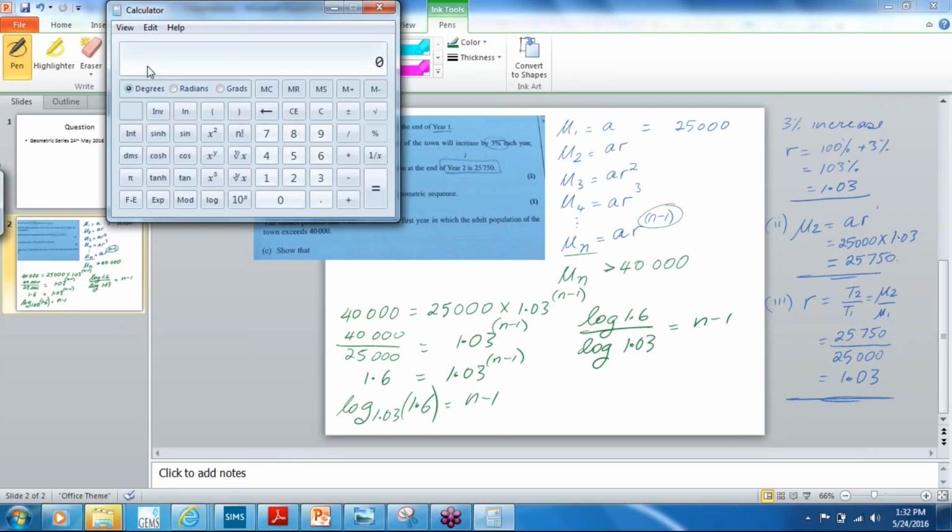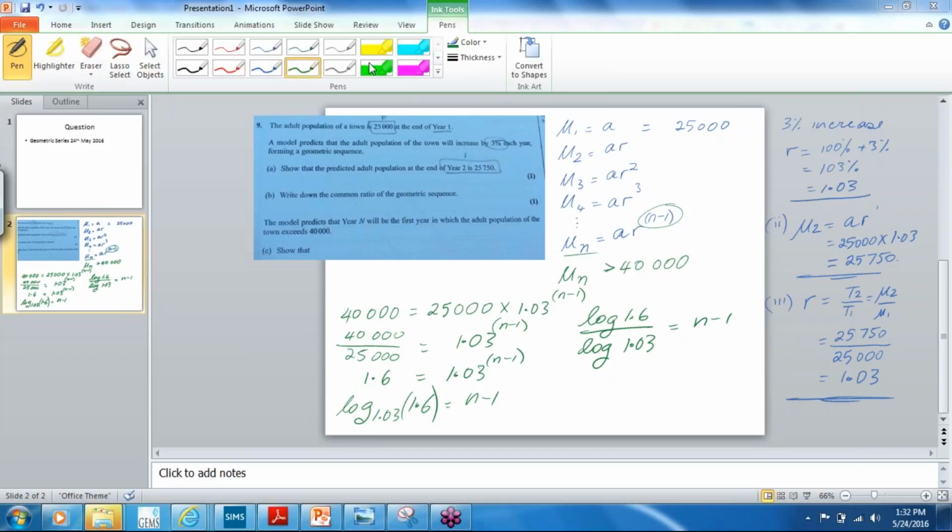So the log of 1.6, we can use log to base 10, divided by the log of 1.03, equals 15.9006. So let's just say 15.9, add 1 and we get 16.9.